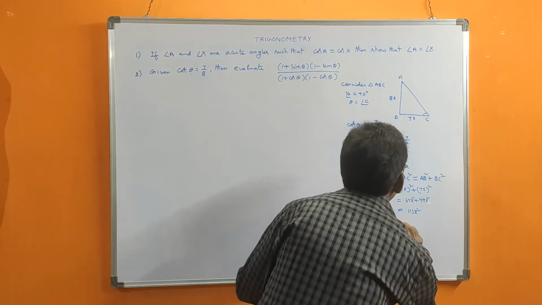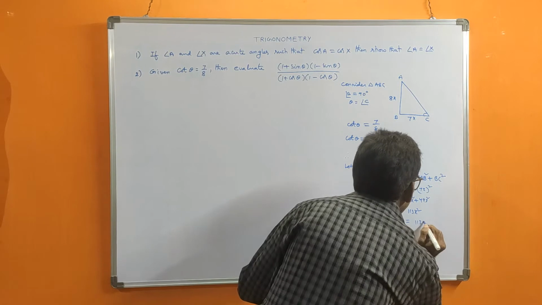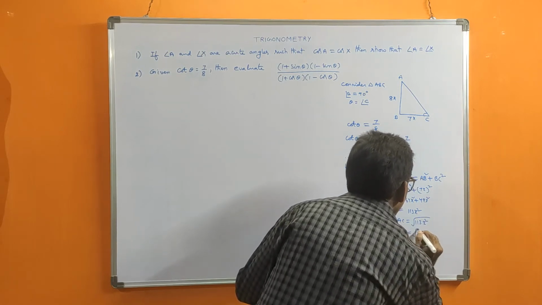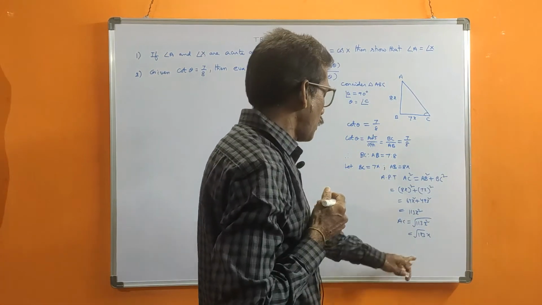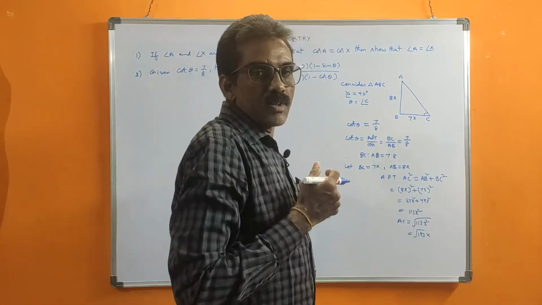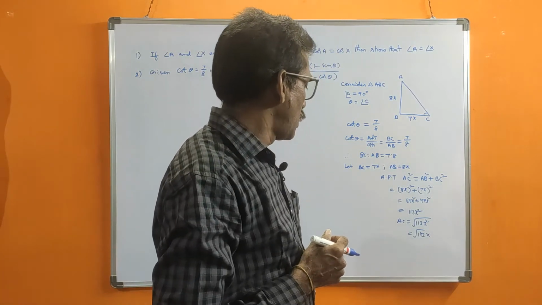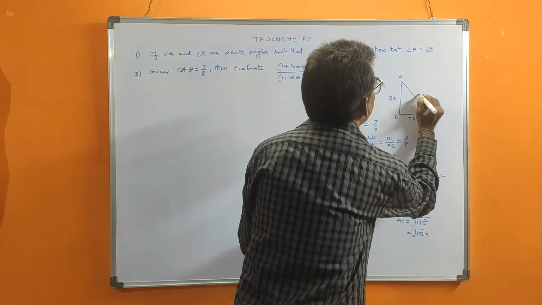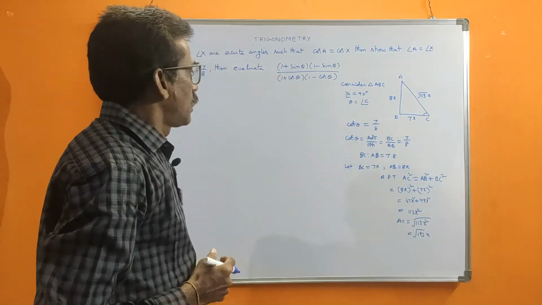We want only AC, so AC is root of 113x square, that is x root 113, because 113 has no exact root, leave it like that. So AC is root 113 x, that's the value we got.